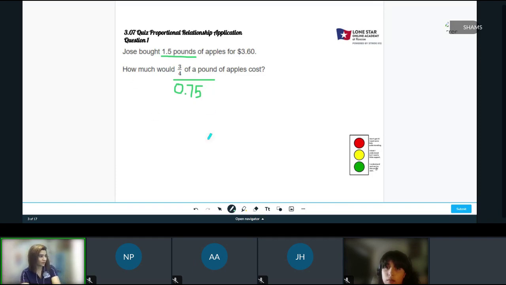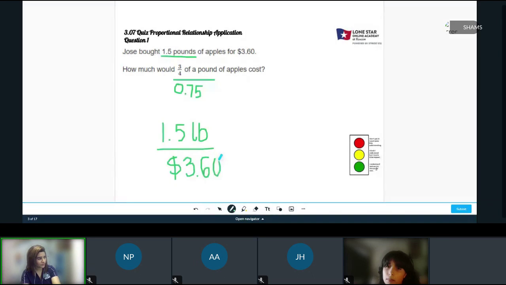And in this one, how we set it up, Naila, was we knew that the cost of 1.5 pounds, LB, right? The cost of 1.5 pounds of apples is $3.60. Right, Naila?